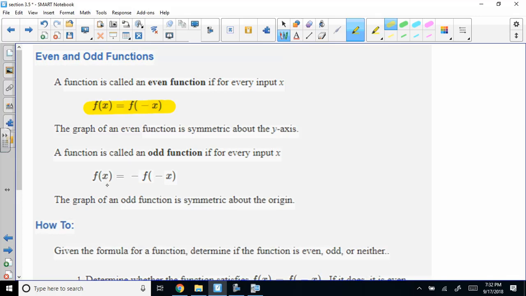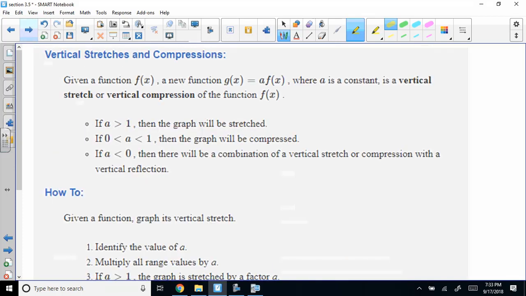But if it's odd, then the negative of f of negative x turns out to be f of x. Now, algebraically, you can chase yourself in circles on this, and I'll show you how to do it much easier. And it works every single time. So, even and odd.